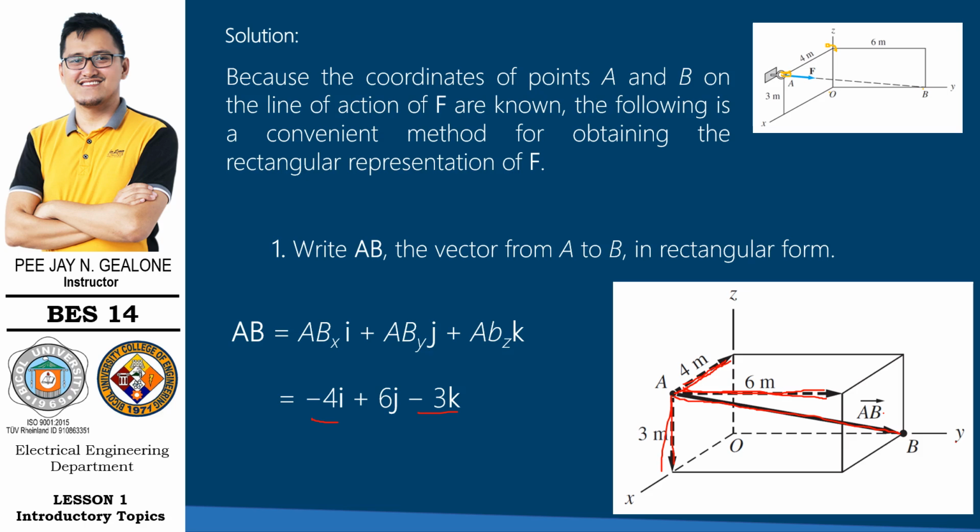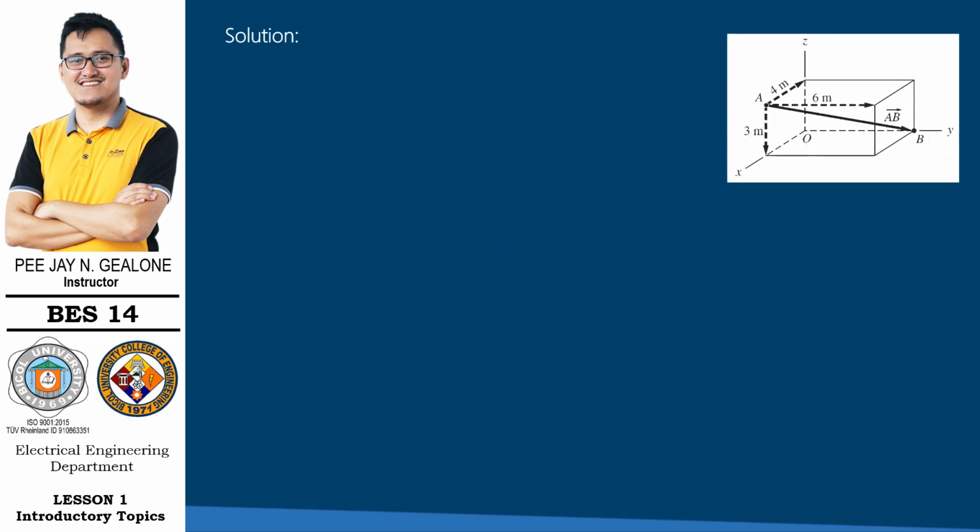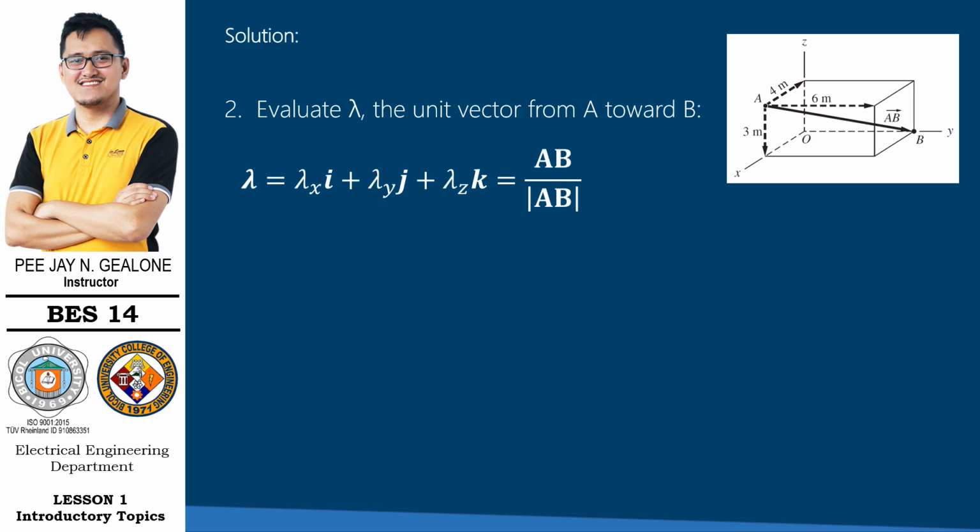Remember, this is not the force F. Rather, this is only the position vector from point A papunta kay point B. So, saan natin siya magagamit? So, kapag alam na natin ang position vector ni AB, pwede na natin ngayon isolve si lambda, which is represented as lambda x i plus lambda y j plus lambda z k, which is equal to ito, yung position vector nating AB, and then i-divide natin siya by the magnitude of position vector AB.